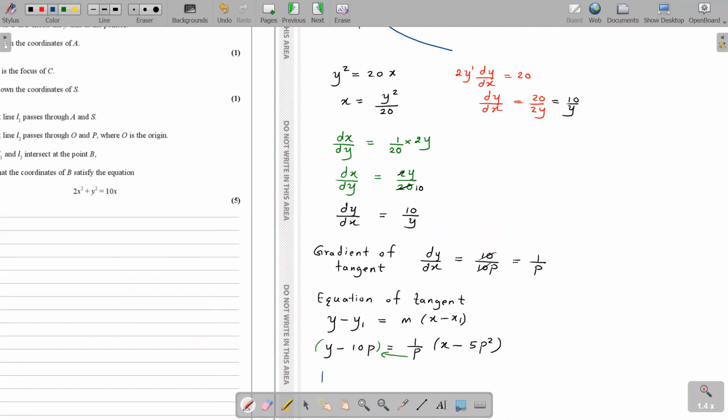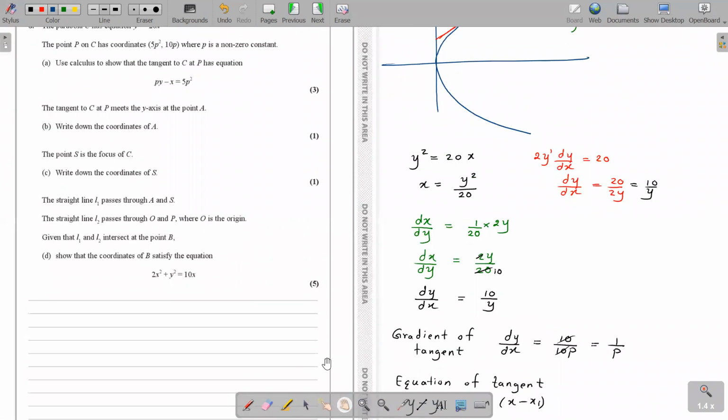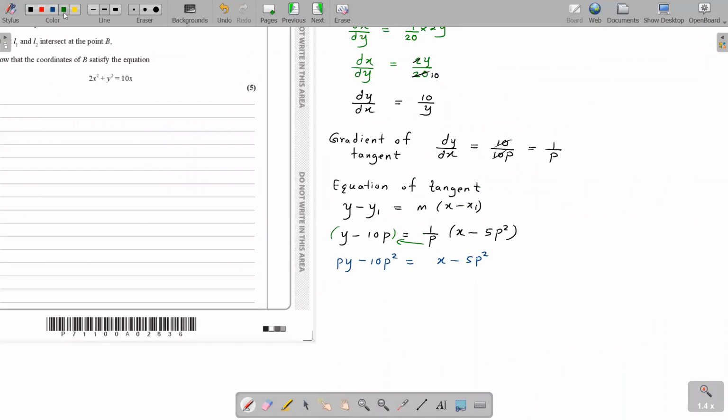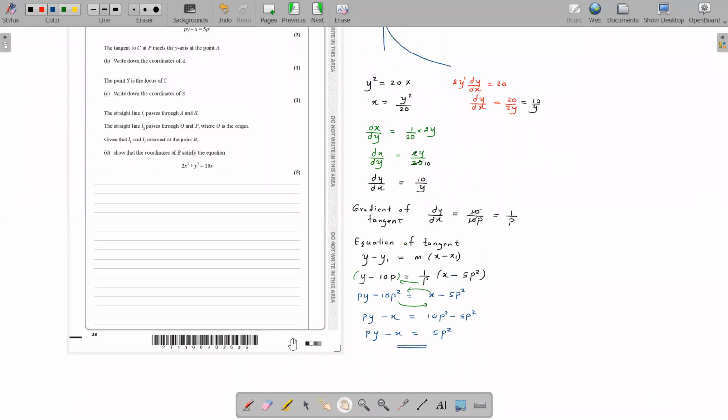Y into p is py, minus 10p into p is 10p square, times x minus 5p square. Get the show that has py minus 6, right? So I'll take the x here and take the minus 10p square here. Py minus x equals plus 10p square minus 5p square. Py minus x equals 10p square minus 5p square, which is 5p square, which is our show that. This is the show that.